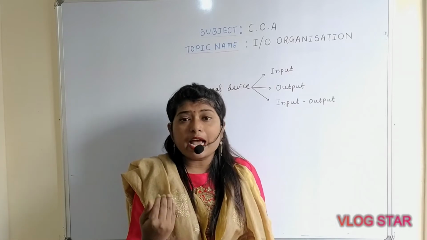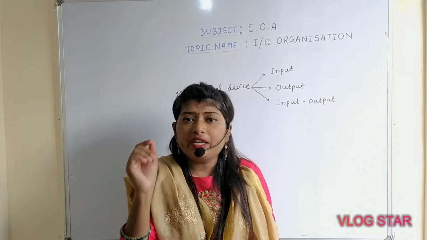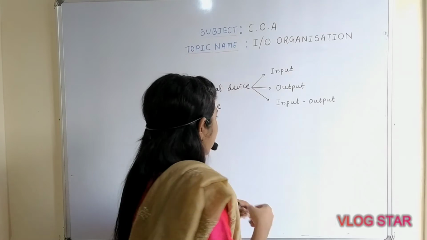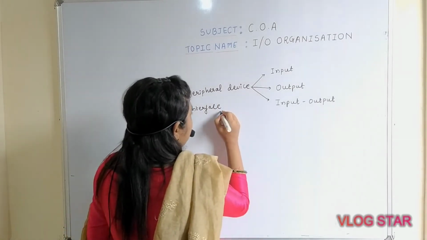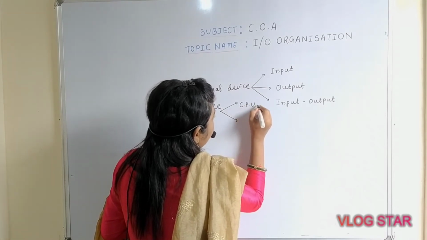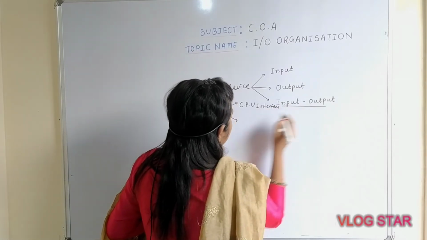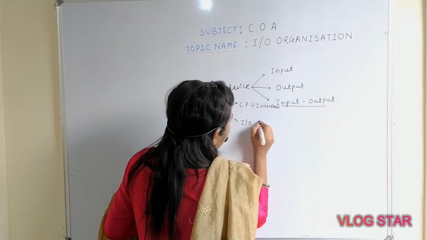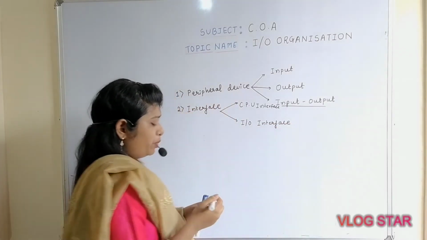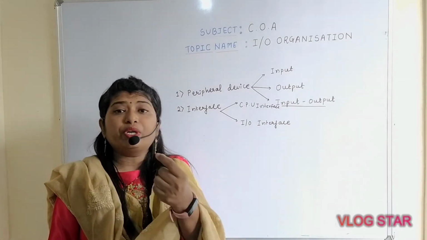This interface can be done in two different ways. The first one is CPU interface and the second one is input output interface. As we are talking about the input output organization, let's consider the meaning of input output interface.